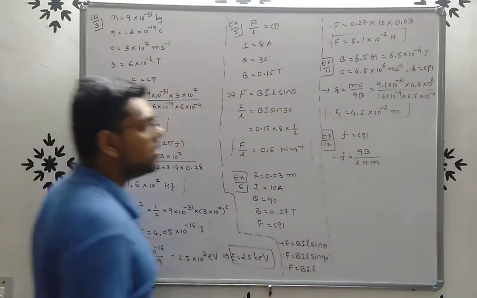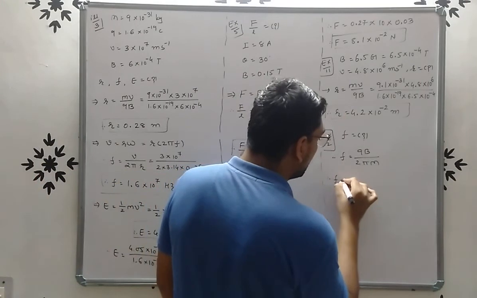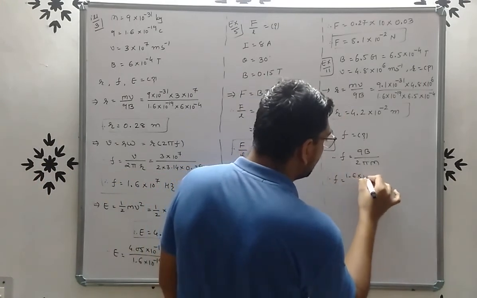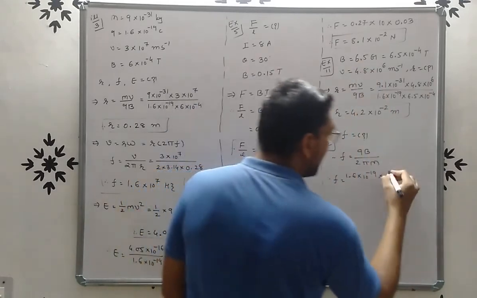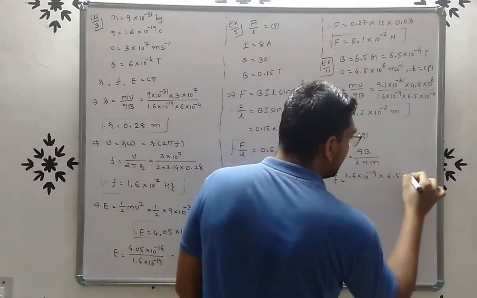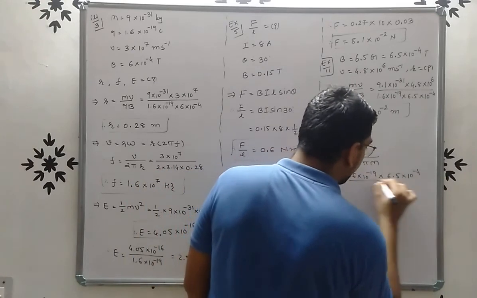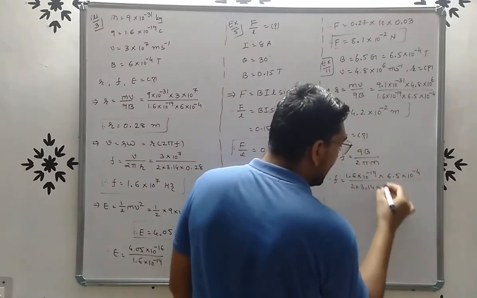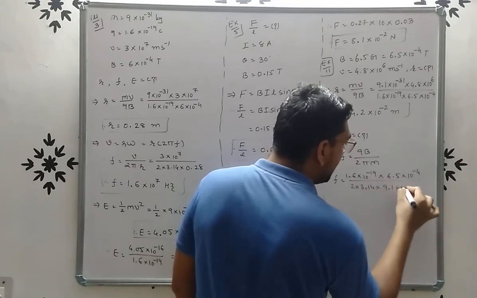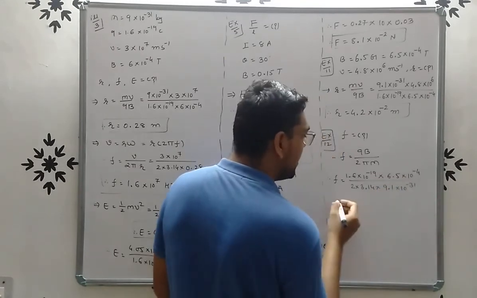Here we know the value of charge q, 1.6 into 10 raised to minus 19. Magnetic field 6.5 Gauss, so 6.5 into 10 raised to minus 4 upon 2 times the value of pi, 3.14, times m, the mass of the electron, 9.1 into 10 raised to minus 31.